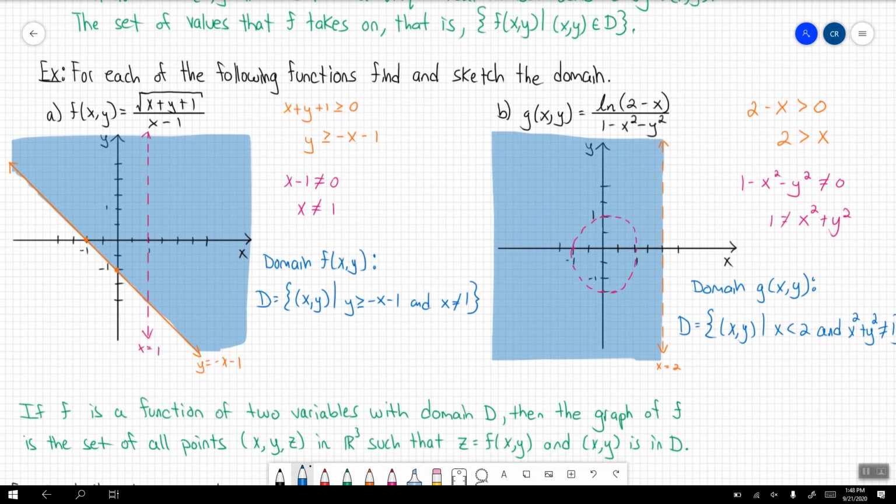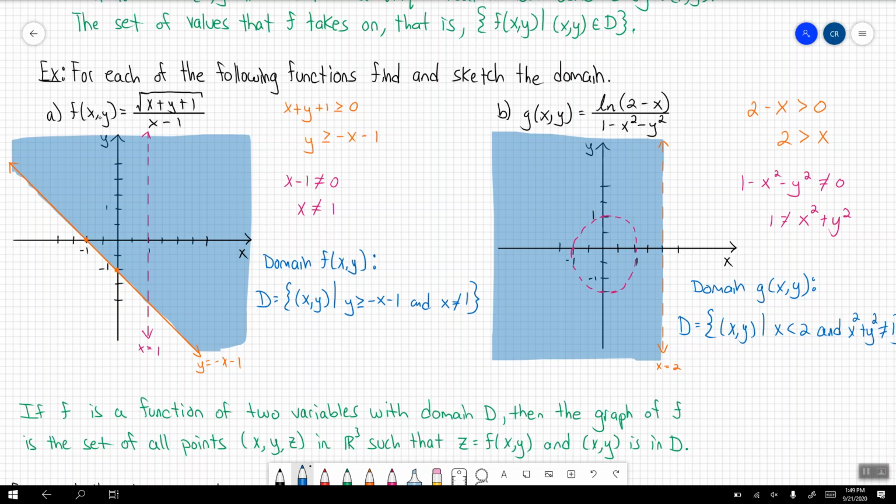Now, at the bottom of your screen here, we're going to formalize this function a little bit more. And we're going to say that if f is a function of two variables, like we saw in part A and part B, with the domain D, then the graph of f is the set of all points x, y, and z in R^3 such that z is equal to f of xy and xy is in the domain D. So what that means now is that when we're classifying these functions as we did in part A as f of xy, we could technically assign this a value of z.